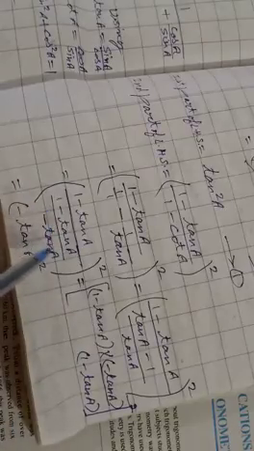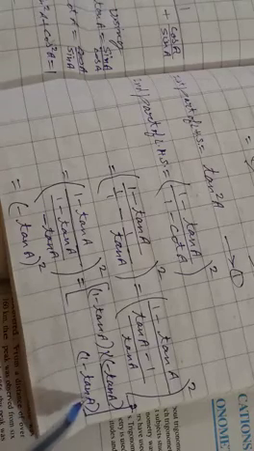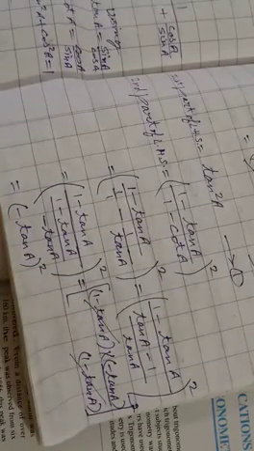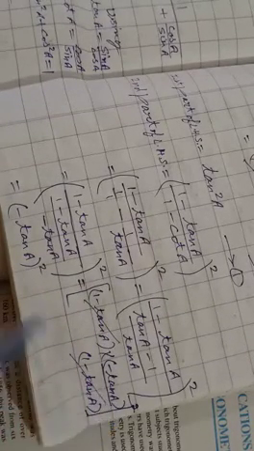Reciprocal of 1 minus tan A upon minus tan A, we write minus tan A upon 1 minus tan A, whole square. 1 minus tan A cancels out. We get minus tan A whole square.